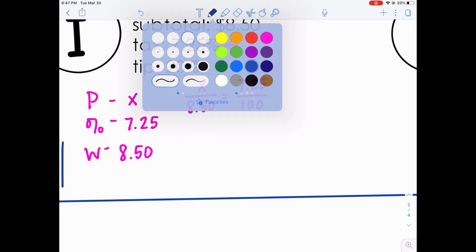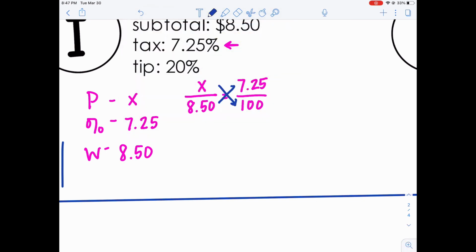We're going to cross multiply. X times 100 and $8.50 times 7 and 25 hundredths. X times 100 is 100x, and $8.50 times 7 and 25 hundredths is 61.625. Solve this by dividing both sides by 100.